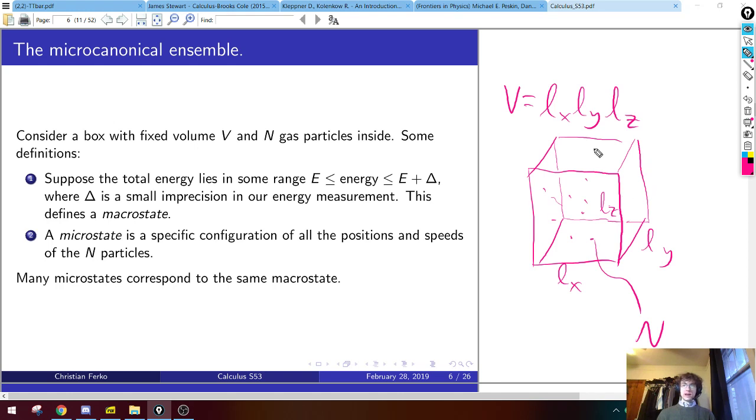So the entire philosophy of statistical mechanics and thermodynamics in chemistry is finding a relationship between macroscopic properties. Macroscopic properties are big things that are averages, like a temperature, which is an average kinetic energy of all the particles in this box, or pressure, which is an average force exerted on these walls.